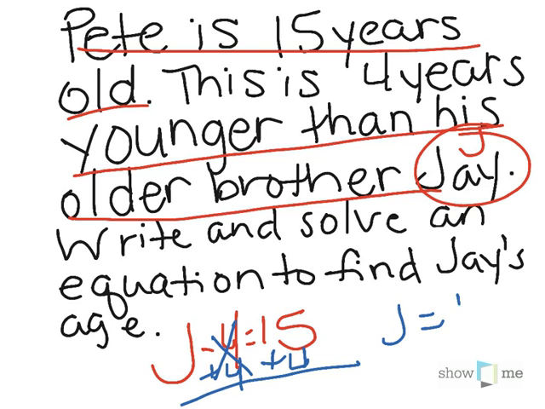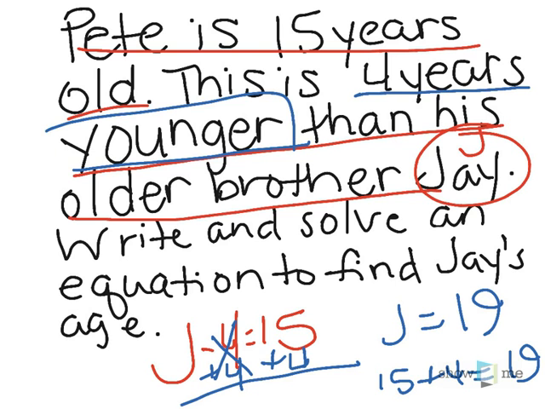Now, would it be wrong if I said 15 plus 4 equals 19? Is that what we were actually asking now? When I say somebody is 4 years younger, am I adding or subtracting 4 years? I'm subtracting. So when somebody's 4 years younger, that tells me it's a subtraction.